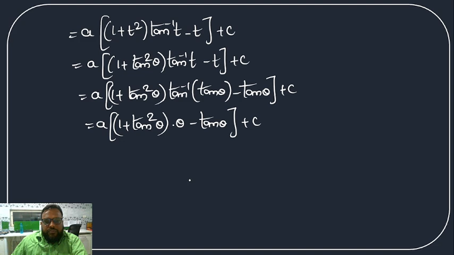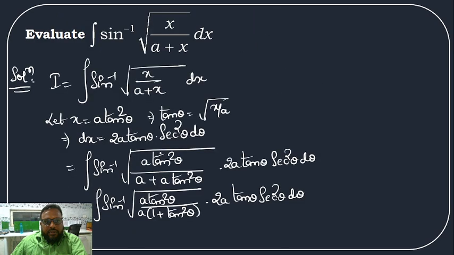Now, if you check all the conditions, what was our tan theta and all these things from the beginning stage itself, let us go to the first part. Here, we took a tan square theta as x.